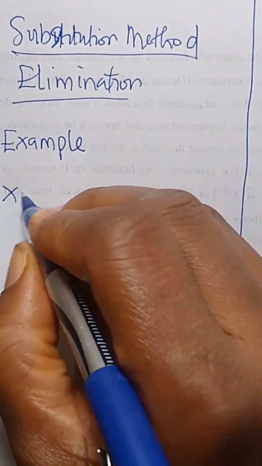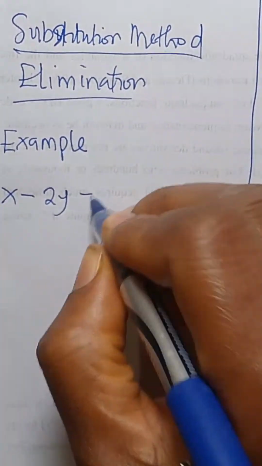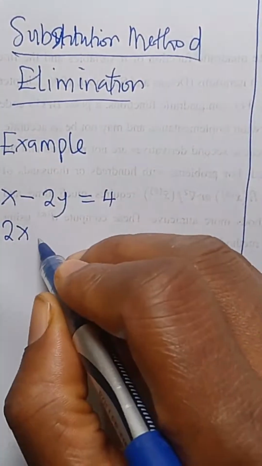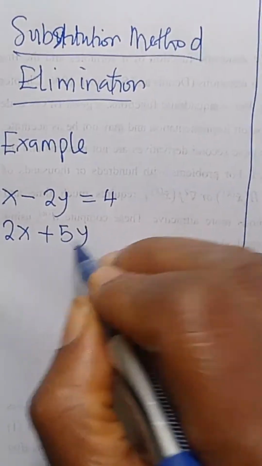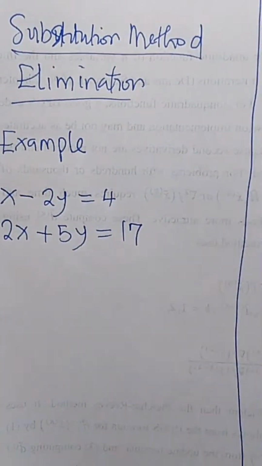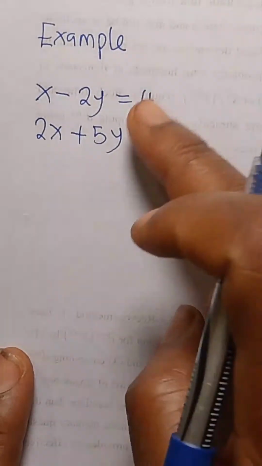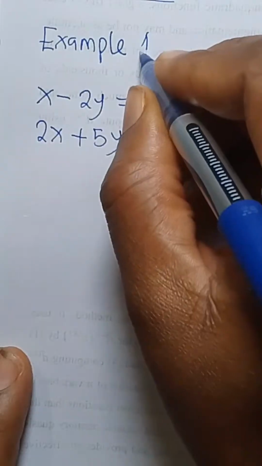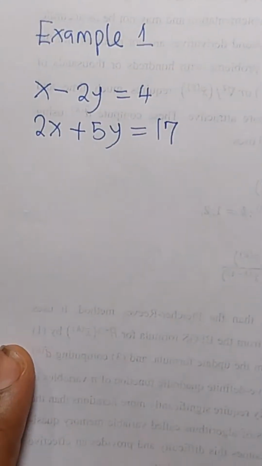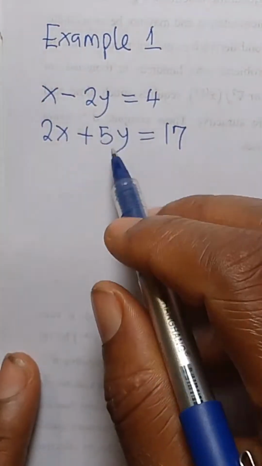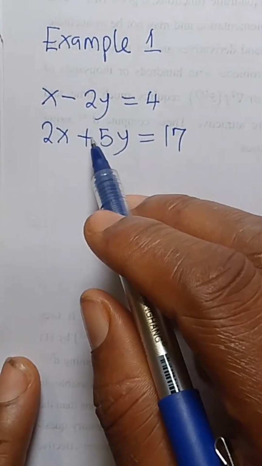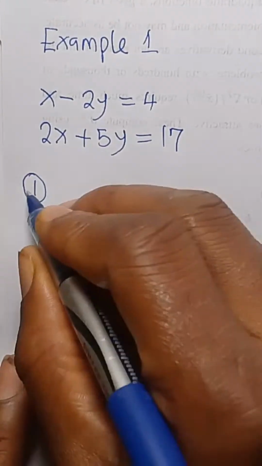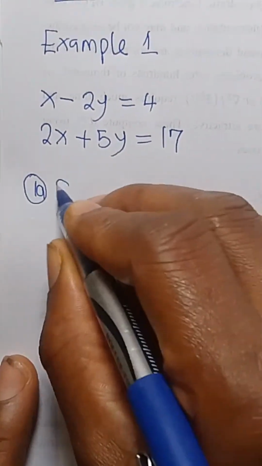We have x minus 2y equals 4, and on the other side, we have 2x plus 5y equals 17. That is how you represent a simultaneous equation. So we're going to solve these two equations using the substitution method first. 1A, substitution method.